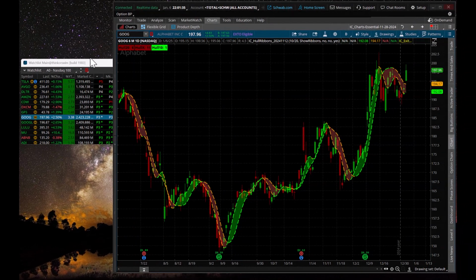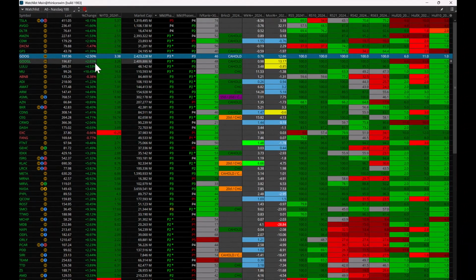So the trick becomes being able to spot those conditions from the watch list. In our particular case, we can home in on all of the market phases that have a bullish posture, and they clearly are in this green area here.